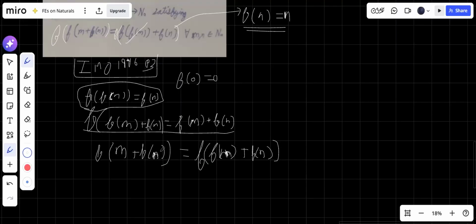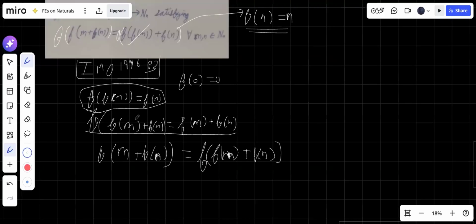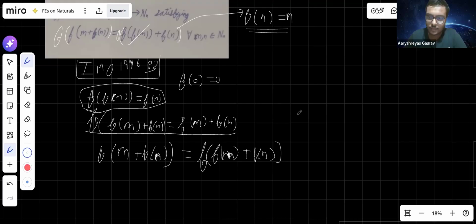First we simplify the above expression: f of m plus f of n is equal to f of m plus f of m plus f of n. We can write that f of m as a single f of m. You are going too fast. Can you slow down and say again?